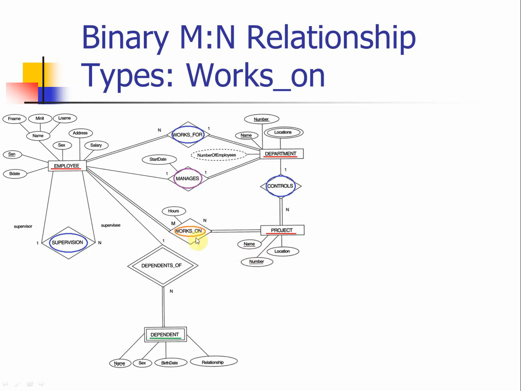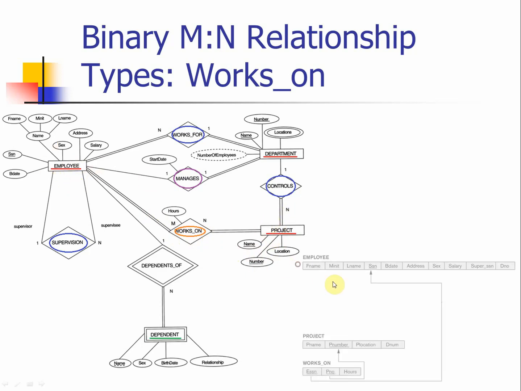So you see that while we try to deal with the works on, we need to create a new relation called works on. It connects employee, it connects the project. So what we need to do is take the primary key of the project and the primary key of the employee into the new relation that we create. So we have ESSN, that's the primary key that comes from employee.